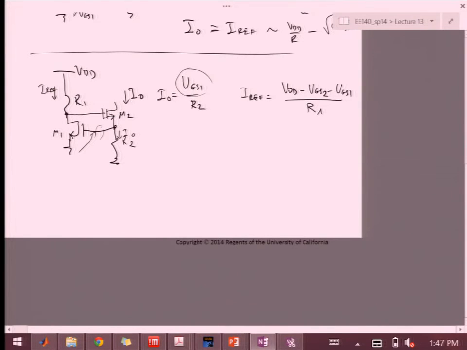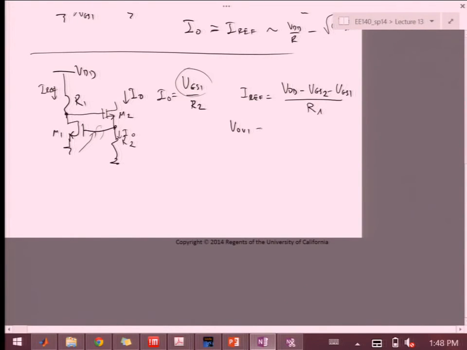So IREF is still changing very quickly with VDD because of this relationship, but I out is now only a function of VGS, and we know VGS changes as a square root of IREF. So it will change sort of as a square root of VDD as well. Okay? So we'll write it.